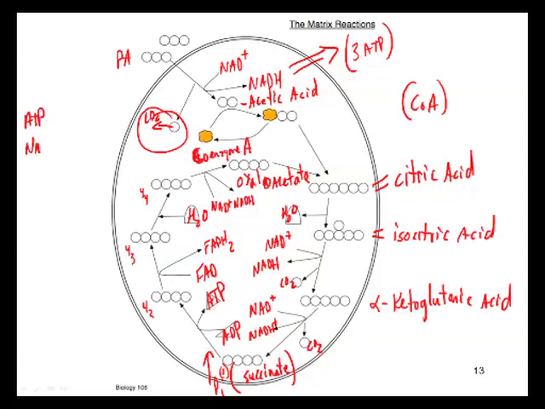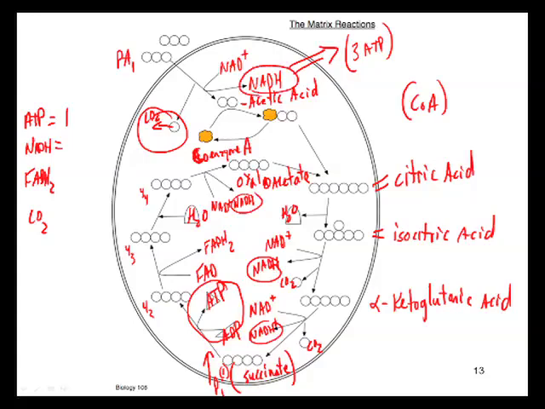ATP, NADH, FADH2, carbon dioxide. At this point, how much ATP have we produced from the first pyruvic acid? How much ATP directly have we produced? 1. How much NADH have we produced? 4.